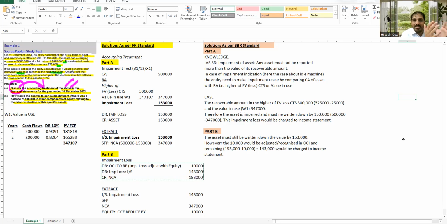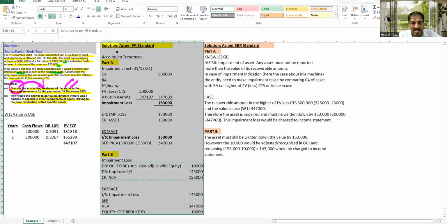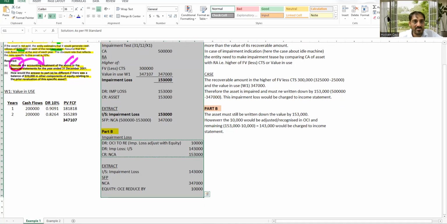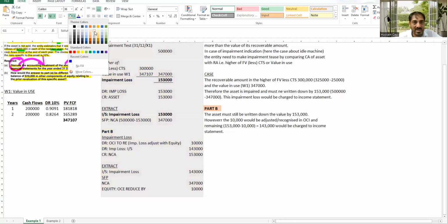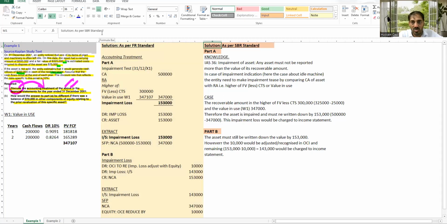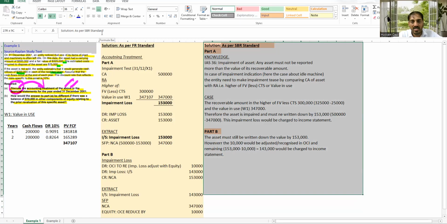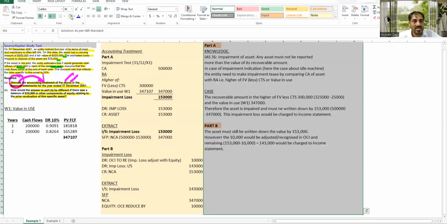The solution according to FR standard, this is something about FR caliber, and this is the solution with the SBR standard. A clear difference.